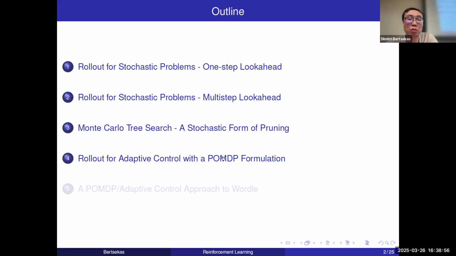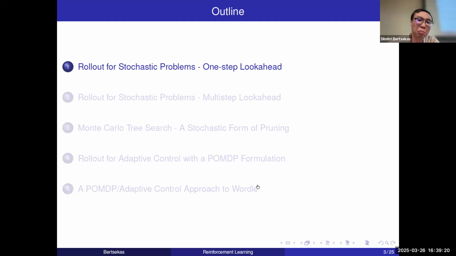And this expectation is with respect to some belief distributions, as we will go through. And we will talk about how to solve it approximately using rollout. And we're going to apply this methodology to a puzzle problem, which is Wordle. We touched upon this problem earlier in the first lecture, and we're going to provide more details.